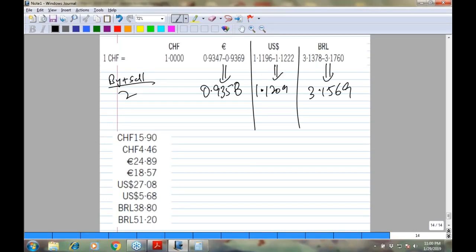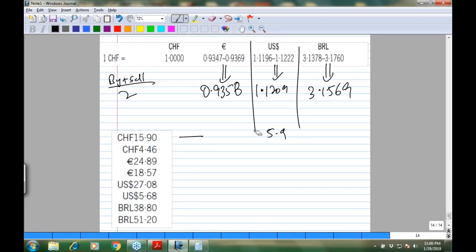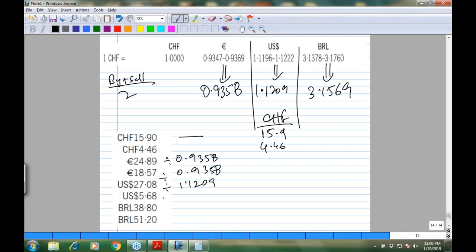This would remain CHF 15.9, and this would remain 4.46. You divide this euro amount by 0.9358, and this one again by 0.9358. You divide this USD amount by 1.1209, and then you divide this one by 3.1569, and this one again by 3.1569.